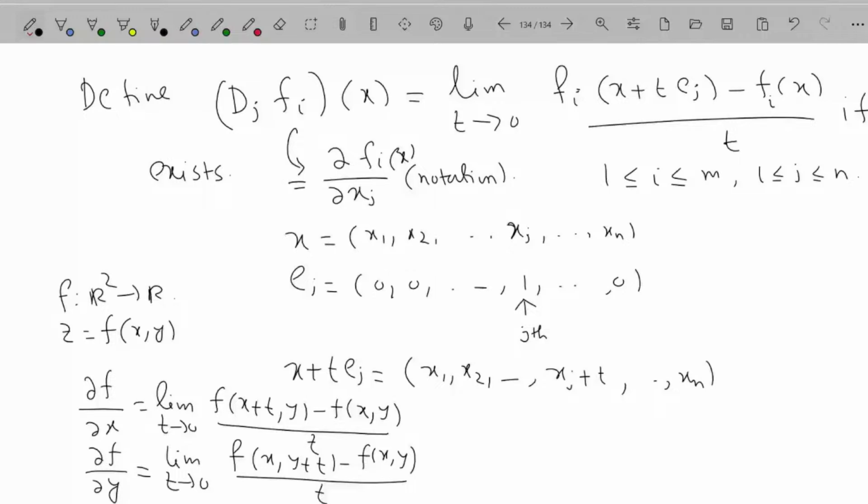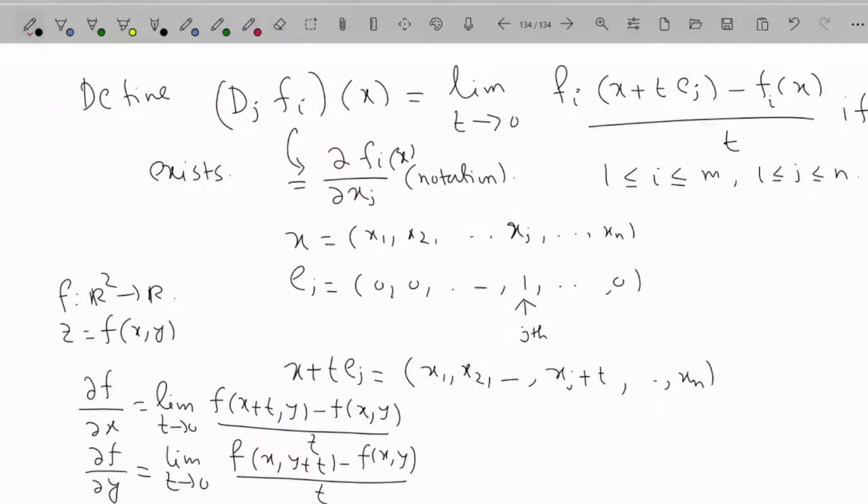Is it clear how we define the partial derivative? Okay, you have a question? No, the i should be there, because f is a function from Rn to Rm, so that's a vector valued function. But what we are defining is for a real valued function.